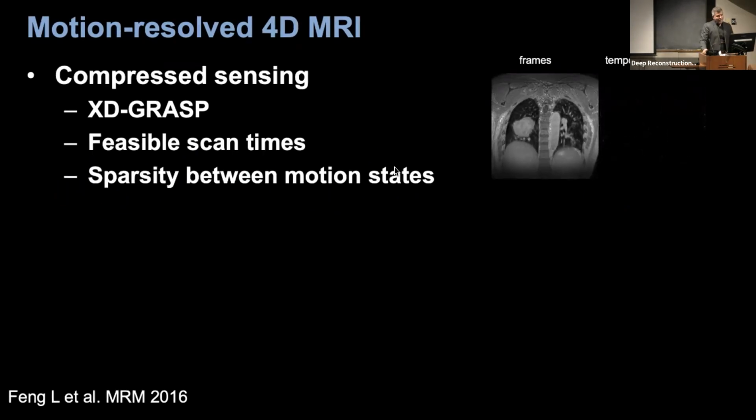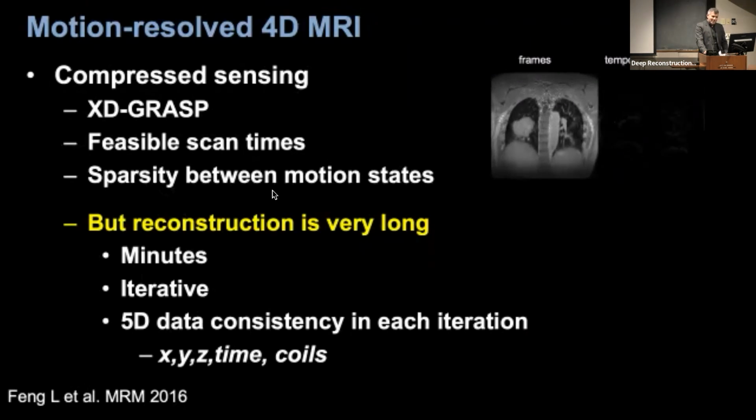With compressed sensing, in particular the technique XD-GRASP and other techniques that followed, we were able to get feasible scan times by using the inherent sparsity or compressibility between motion frames. But the problem is that reconstruction is very long. We were able to shorten the acquisition, but now the reconstruction became super long because it's iterative.